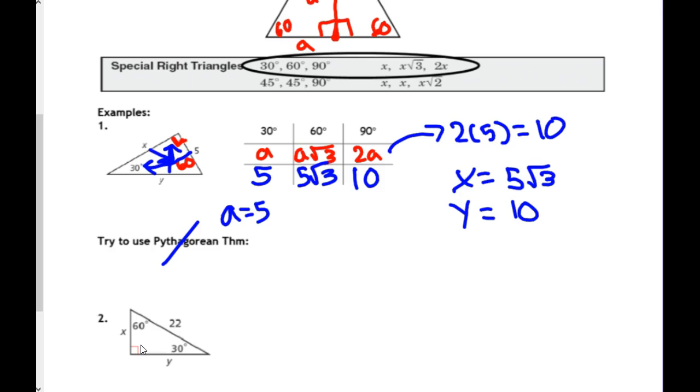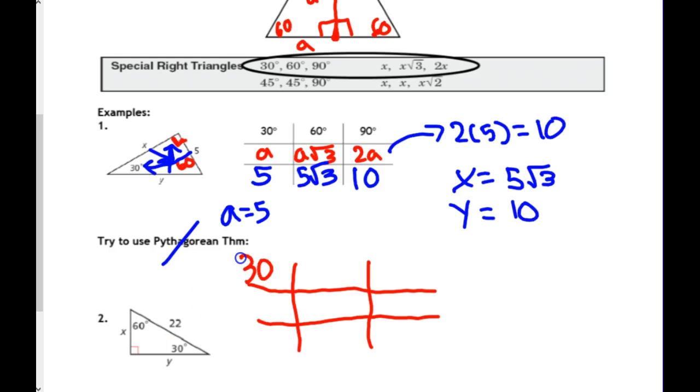So now we're going to do that chart, that hashtag. Cool. Now, 30, 60, 90. Let's fill it in. And what goes in the second row?